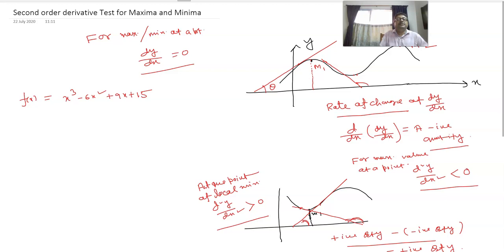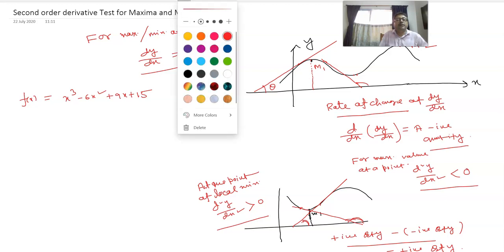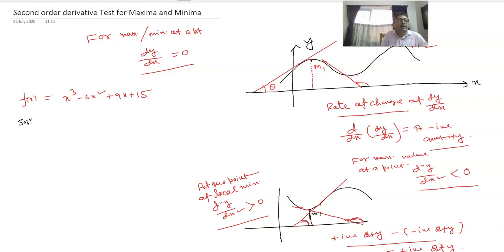So the process will be the same, that for maximum or minimum value, we put dy by dx equal to 0.